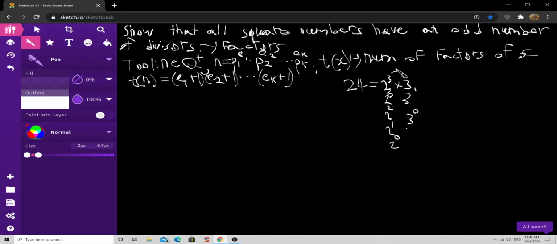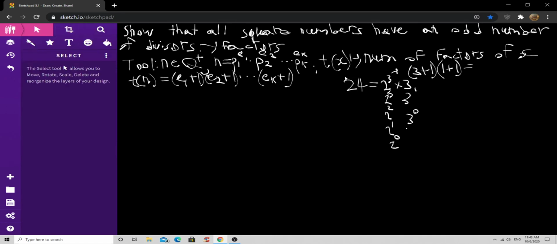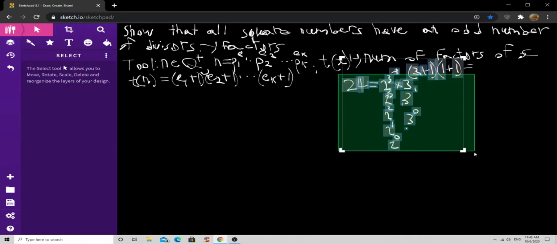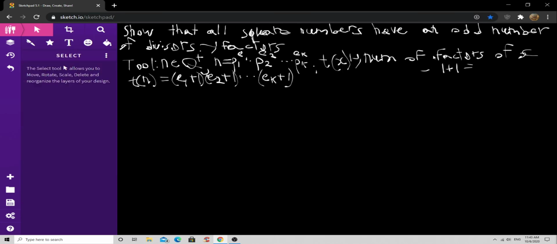And notice that all we're doing here is just multiplying 3 plus 1 possibilities here by 1 plus 1 possibilities there. And this just equals 8. Okay? So there we go. So that's going to be a very useful tool.